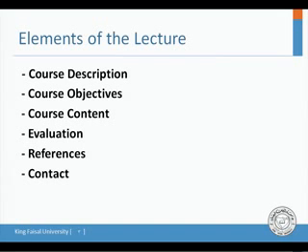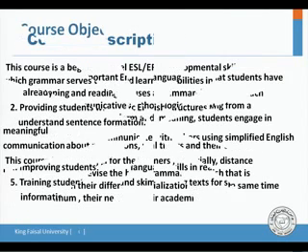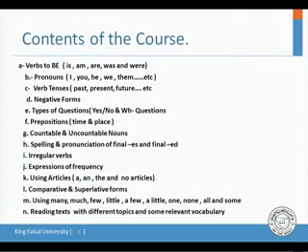Then we will take prepositions like in, on, at, and so on. This is written here, the letter F, prepositions. Here we mainly focus on prepositions which deal with time and place.